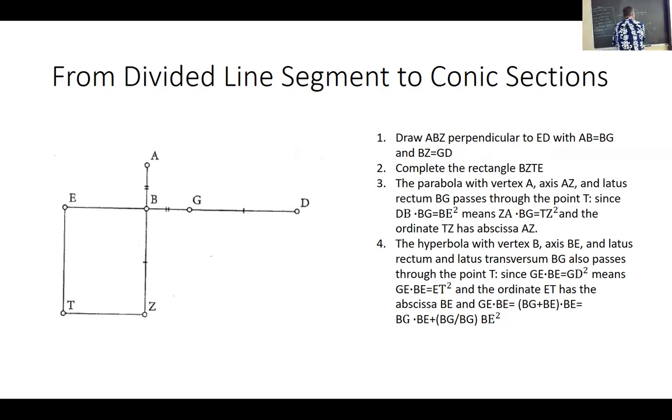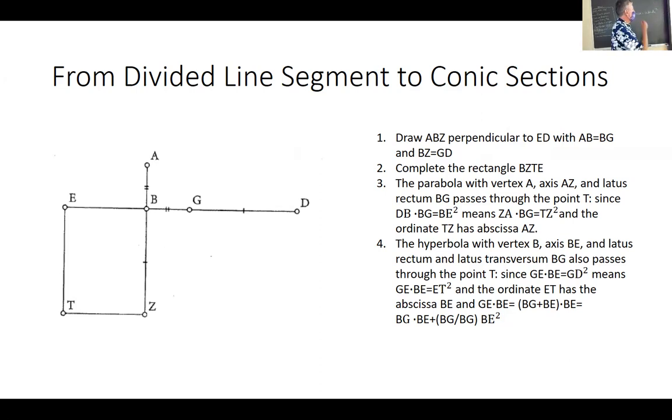Remember what that means: if you have a parabola, BG times the abscissa equals the ordinate squared. Maybe we'd think of this as y, so we've got a constant times y equals x squared. Now the claim is that this parabola will pass through the point T.